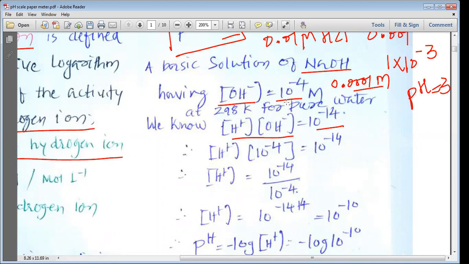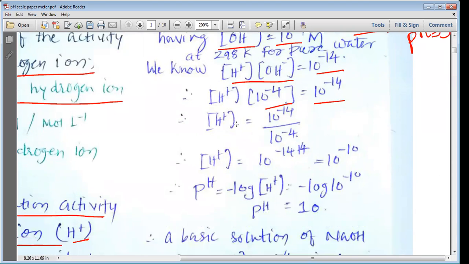The value for OH minus concentration is 10 to the power minus 4. So we put H plus concentration into 10 to the power minus 4 is equal to 10 to the power minus 14, and that is why H plus concentration is equal to 10 to the power minus 14 divided by 10 to the power minus 4. That is, H plus concentration is equal to 10 to the power minus 14 plus 4, which is equal to 10 to the power minus 10.